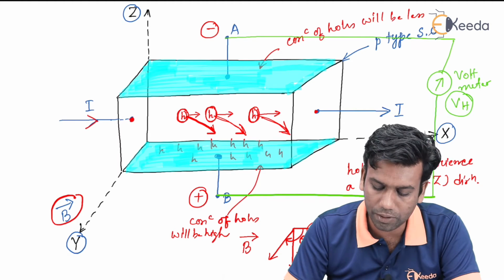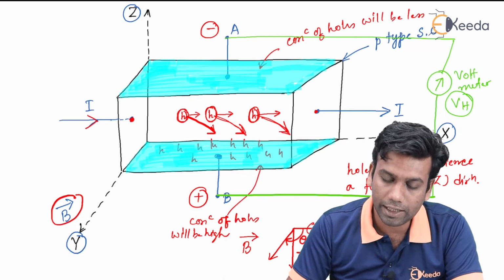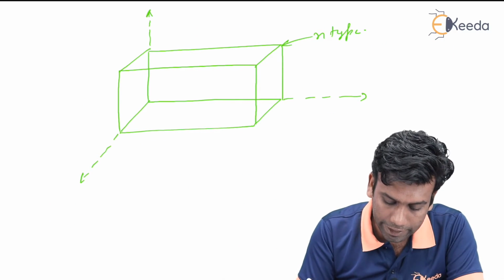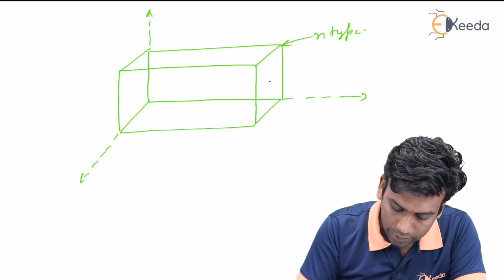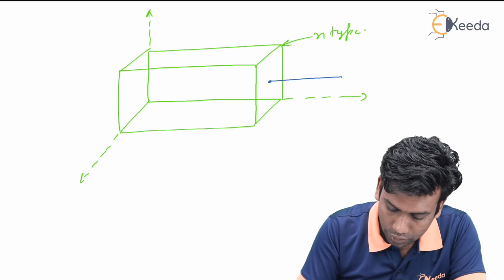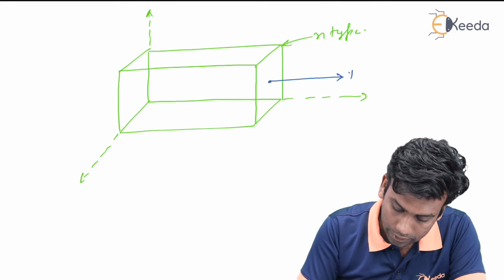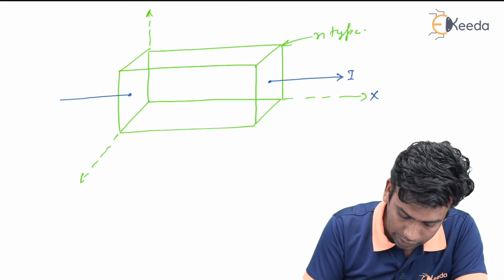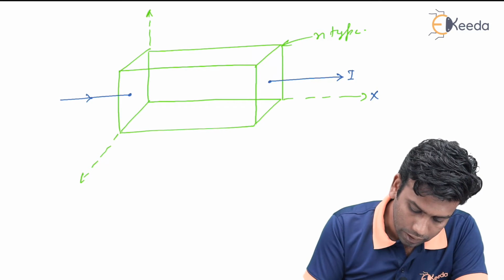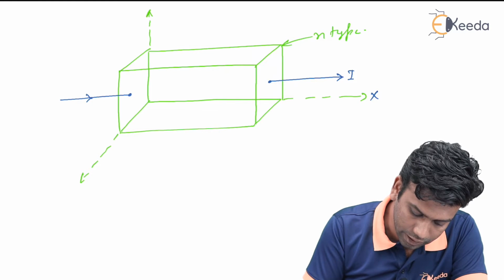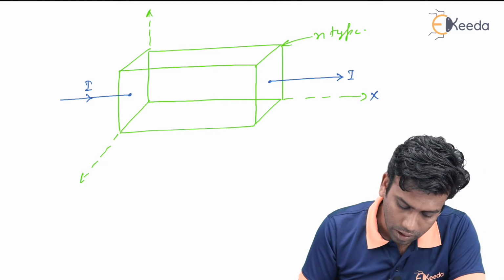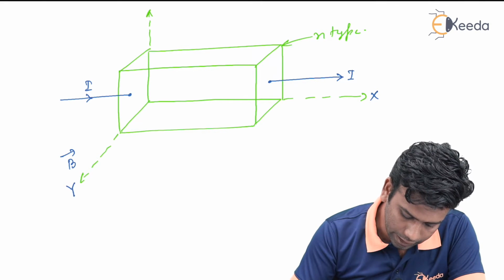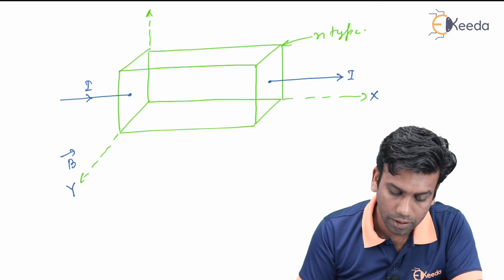So, let us look at what the polarity of the Hall voltage will be inside an n-type semiconductor. For that, let us take a semiconductor of n-type. This is an n-type semiconductor where the current is flowing inside the semiconductor in the positive x direction, and a transverse magnetic field has been applied in the positive y direction.